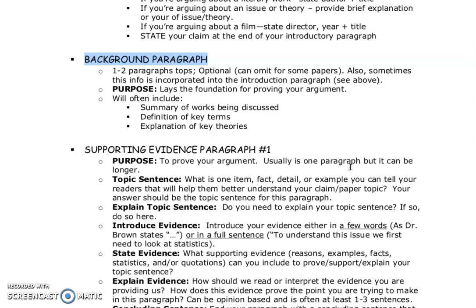That means that if you're going to discuss works, for example, like other research, if you're going to focus heavily on the analysis of research, then you would give us a summary of the works being discussed. Now, most of you don't have to do that, because this is a research paper, you're using multiple sources and you're probably using them fairly equally, so you don't have to do that. But what you should do in your background paragraph is a definition of key terms.